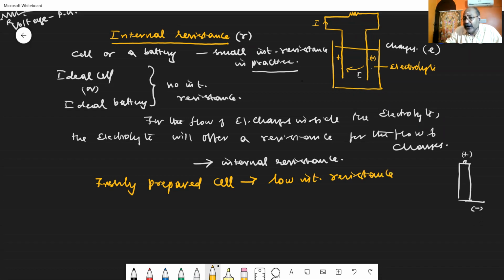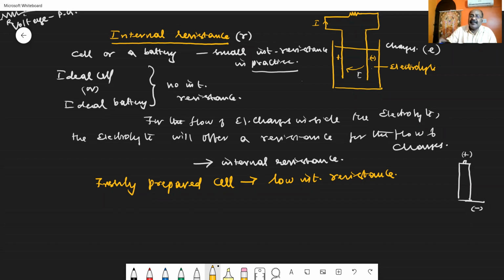So if you get a new cell and put it in a device, the device works properly. But as time passes, the chemicals inside that cell react and supply electrical current for some time, and after some time the internal resistance goes on increasing. At one particular stage, there is no chance for the charge carriers to cross the electrolyte. So the internal resistance will be high and the battery won't work.